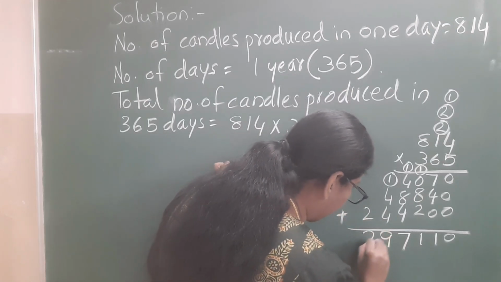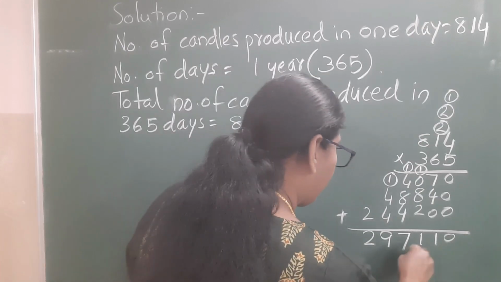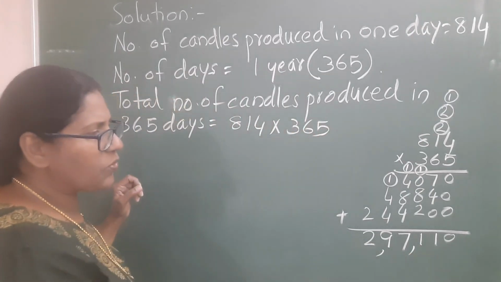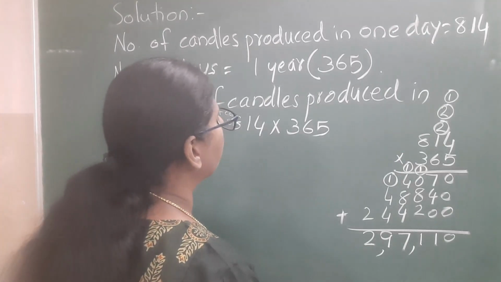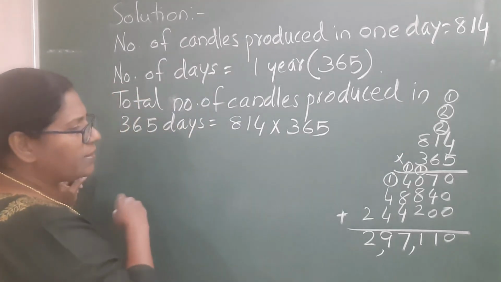Then 2 as it is. 2,97,110 candles can be produced in 365 days.